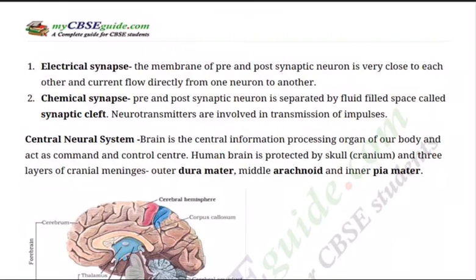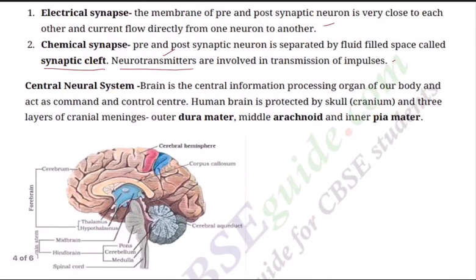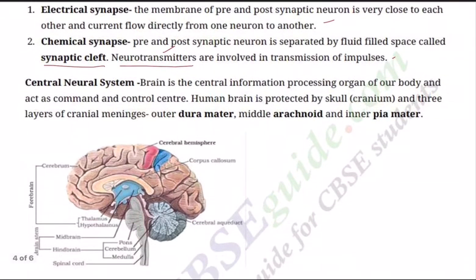One is the electrical synapse that we talked about yesterday: the membranes of the pre- and post-synaptic neurons are very close to each other, and current flows directly from one neuron to another. The other is the chemical synapse: the pre- and post-synaptic neurons are separated by a fluid space called the synaptic cleft. Yesterday I told you neurotransmitters like acetylcholine are involved in transmission of impulses. These neurotransmitters are very, very important.